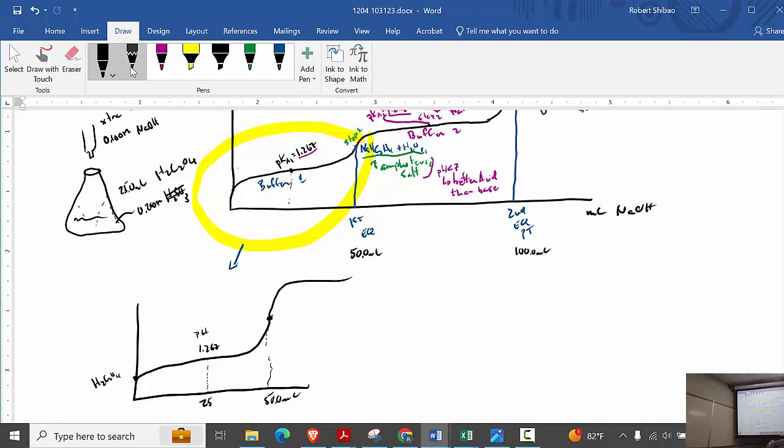The weird thing that's going to happen sometimes is, if we look at the initial pH, is the pH 1.267 or is it the pKa? The pH and the pKa are the same at the half equivalence point.